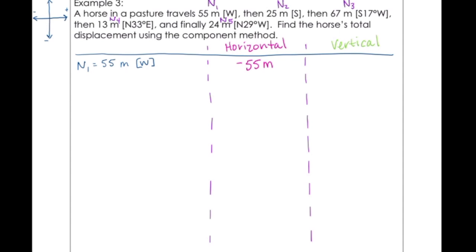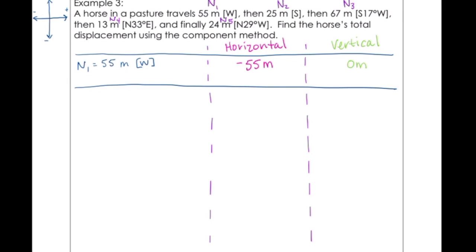If we were to draw N1, it would be like this. It's in the negative direction and it's 55 meters. And then there is no vertical aspect to this, so it's just 0 meters.